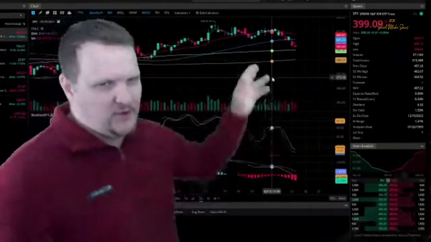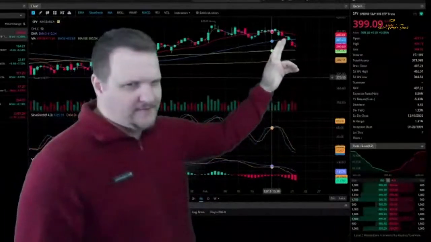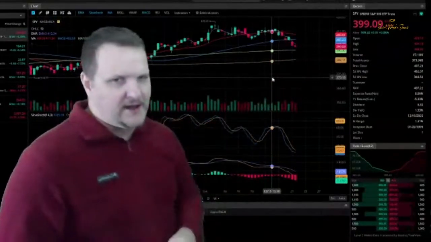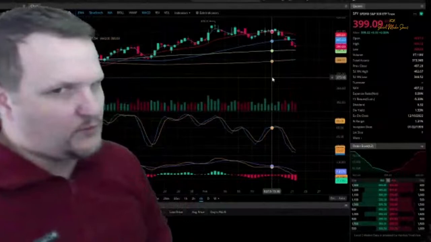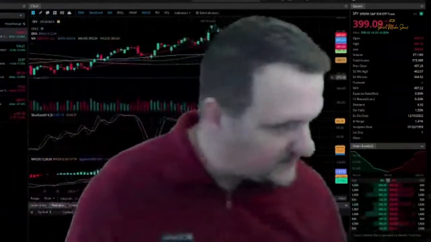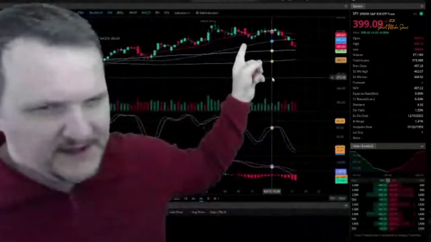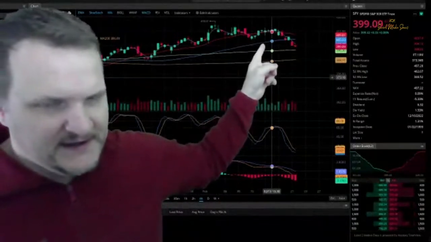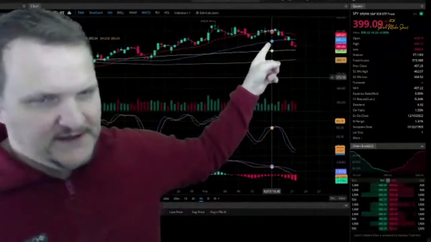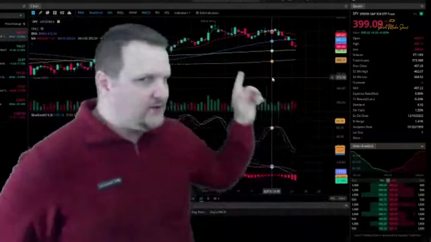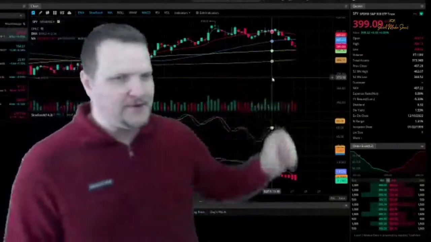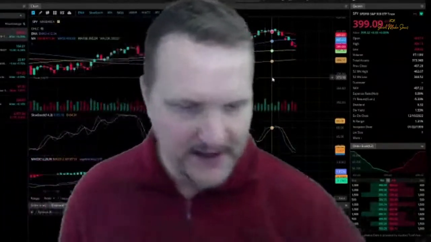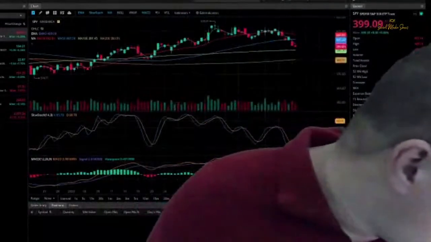You can see also where we had support on Friday, which was below this, on the 4 hour, I think that's the 18. That is the 50. So you had that. And as soon as I knew we were going to get a gap below that, I was pretty sure we were going to be safe as far as that goes.